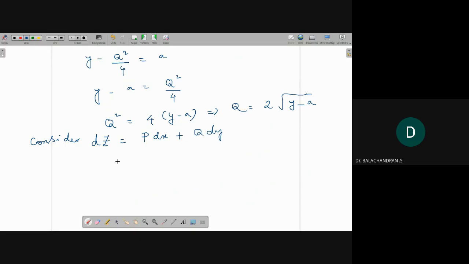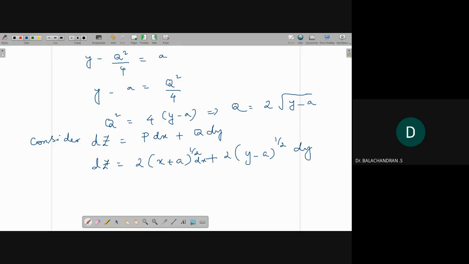Now, what is capital P? 2 into root of x plus a, that is x plus a whole power half, plus q. Q is what? 2 into y minus a whole power half. Here dx, here dy. This is capital dZ.